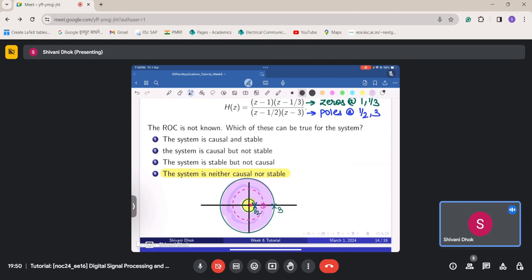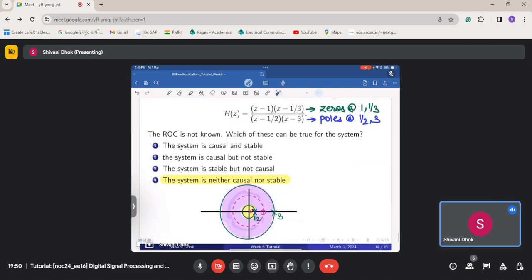Now here, the unit circle is included, which means that this is stable, but z tending to infinity is not included, which means that it is not causal. Therefore, this purple region will give me a stable but non-causal system. So this third option is also correct.